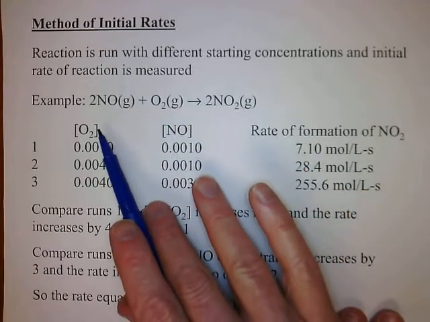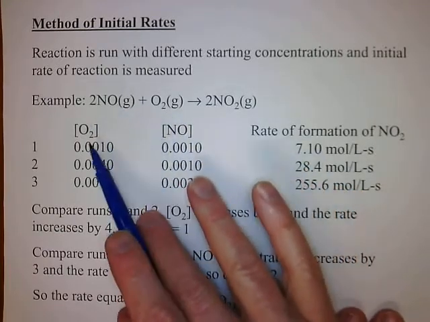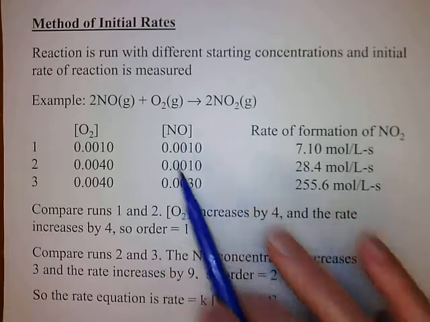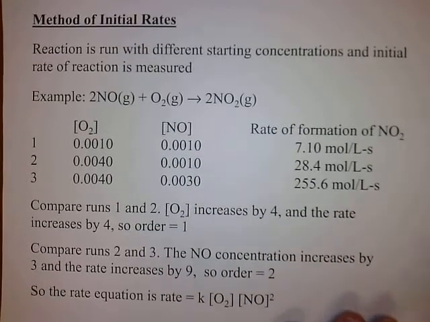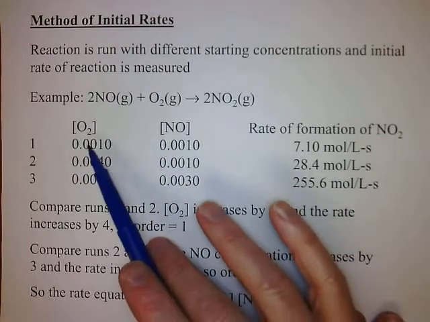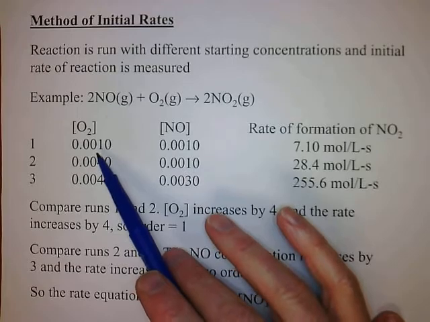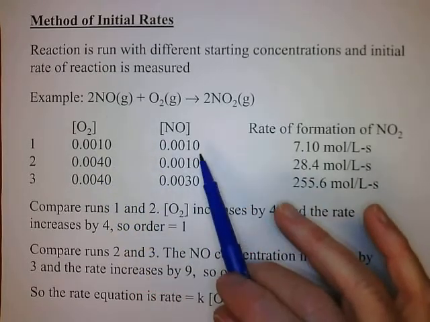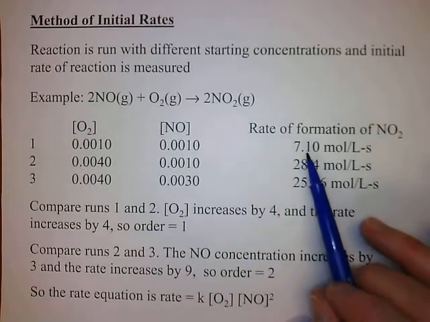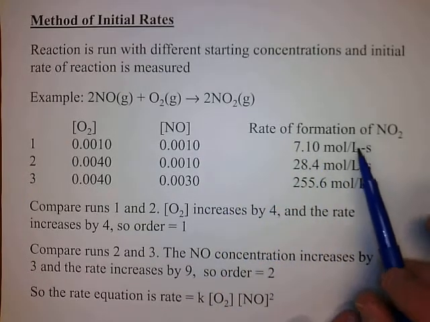We went in and measured concentrations of O2 and NO, and we looked at the rate of formation of NO2. In our first run, both concentrations were 0.0010, and our rate was 7.1 moles per liter per second.